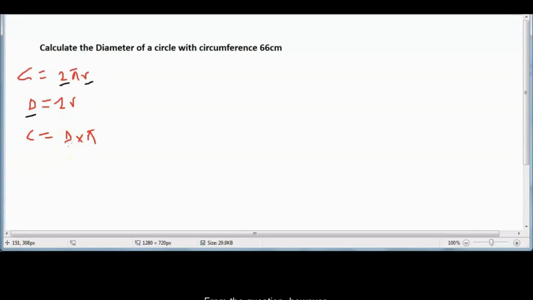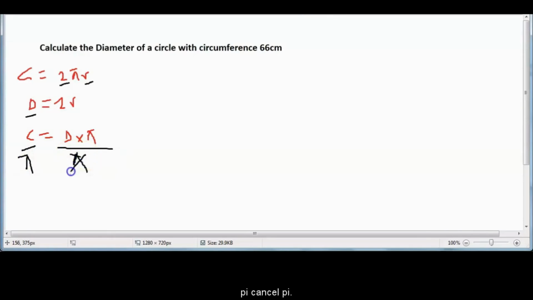So from the question, however, D is the unknown variable, not the circumference. It should be the subject of the formula. To make D the subject of the formula, we divide both sides by pi. C over pi, D pi over pi.